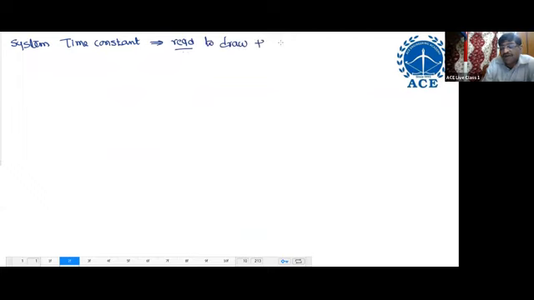Last day we drew the response for 5 tau. By using tau, we drew the response.